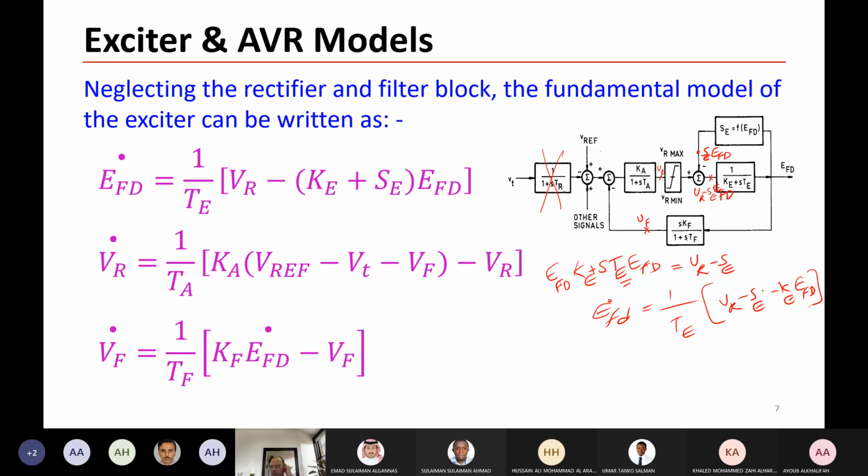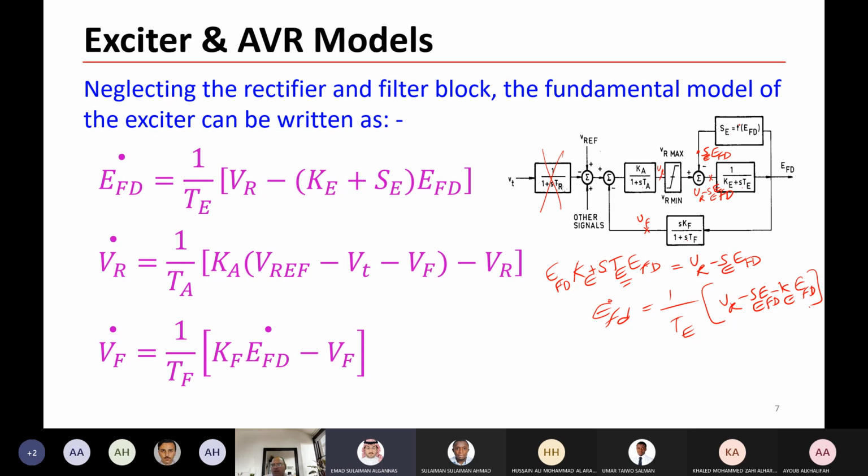So you have here SE EFD also, and this is SE EFD. Is it clear? Ahmed? Sulaiman? Yes. Yes, SE is a function of EFD, right?